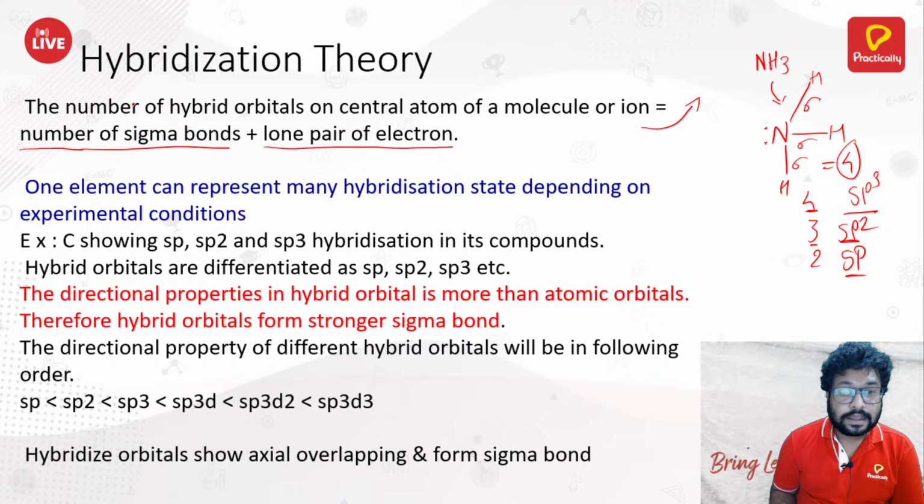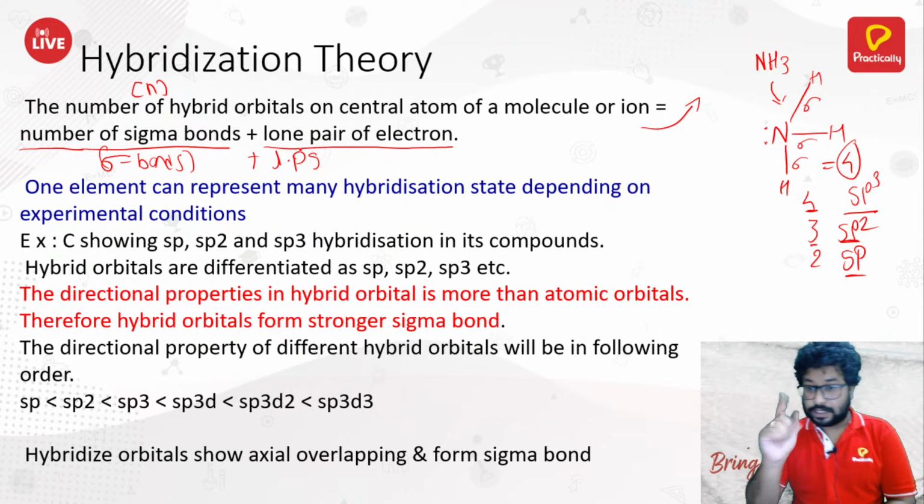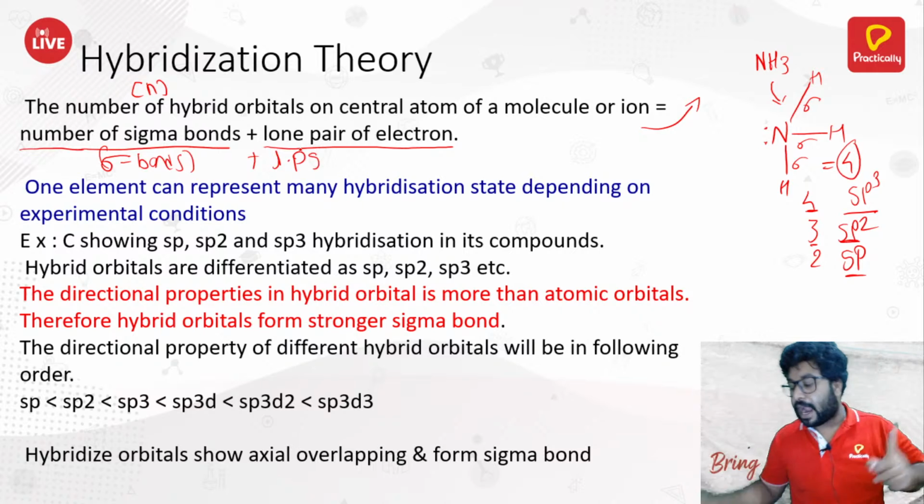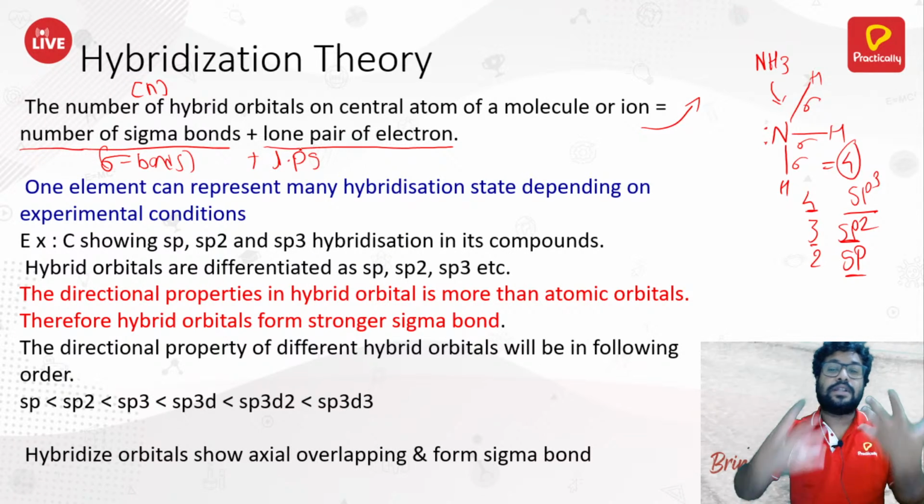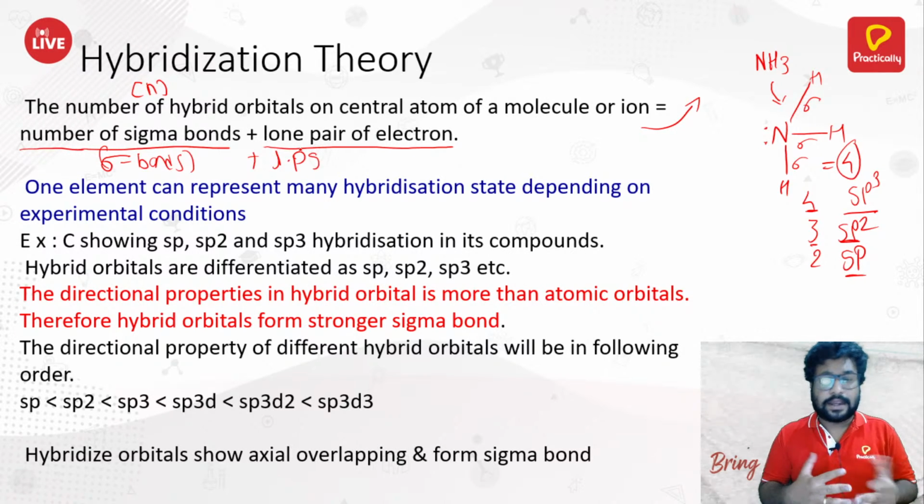This number is equal to the number of sigma bonds plus lone pairs. Remember this always. It will come in handy while solving numericals. I will take numericals based on that also.